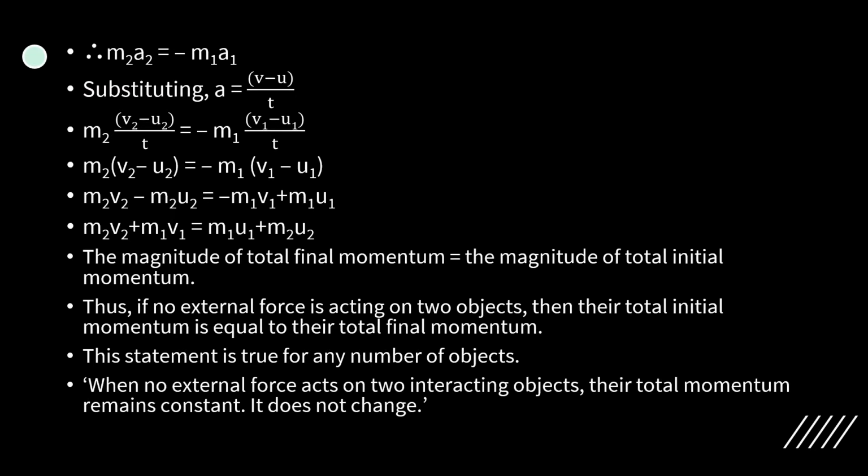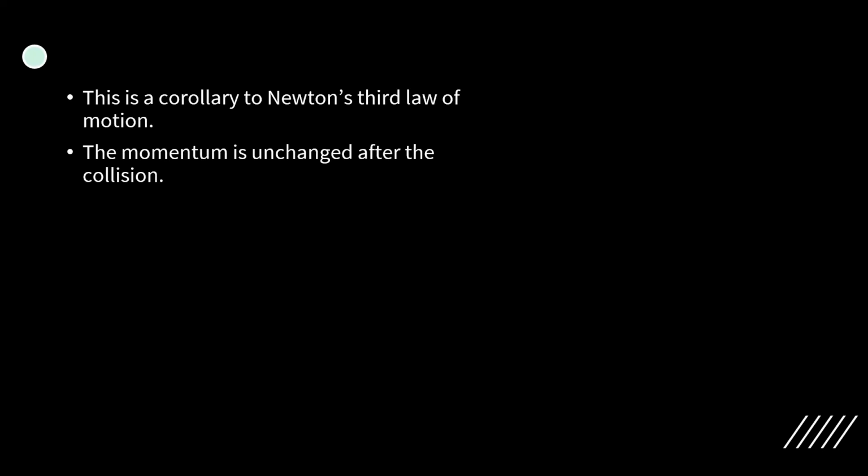So, we have learnt that when no external force acts on two interacting objects, their total momentum remains constant. It does not change. This is called the law of conservation of momentum. Children, this law is a corollary, that is a follow-up, of Newton's third law of motion.